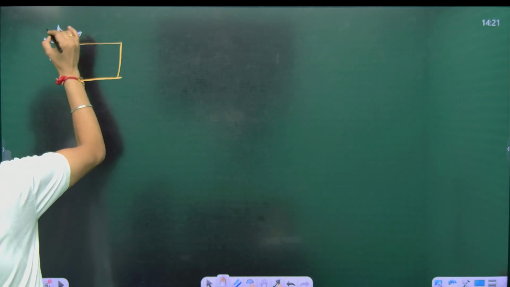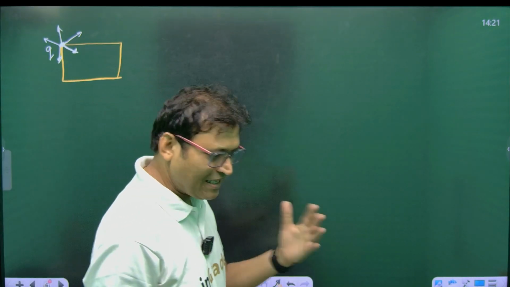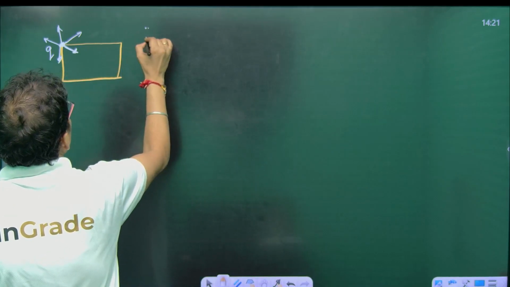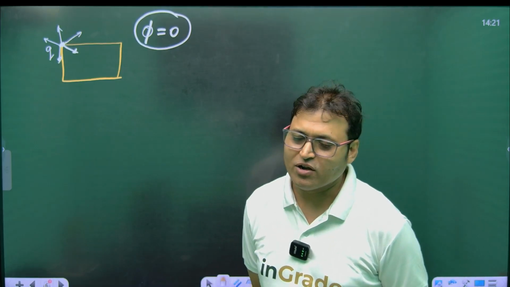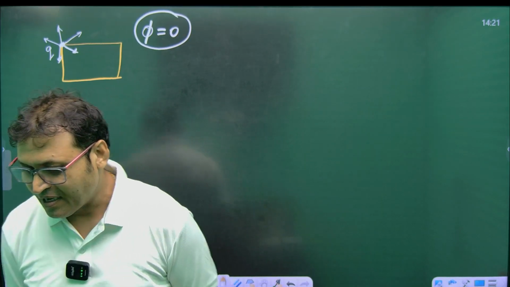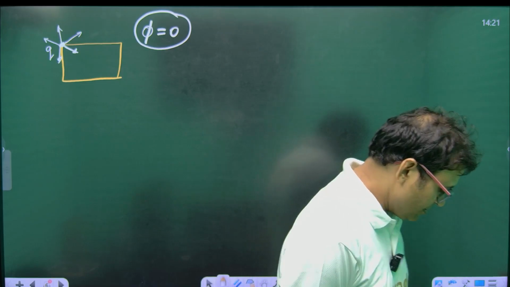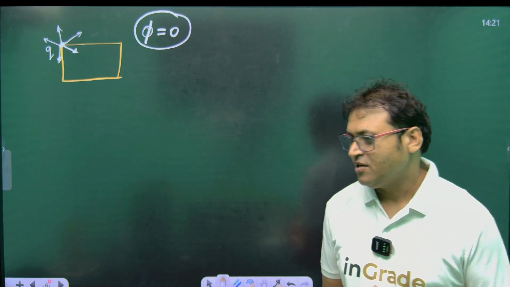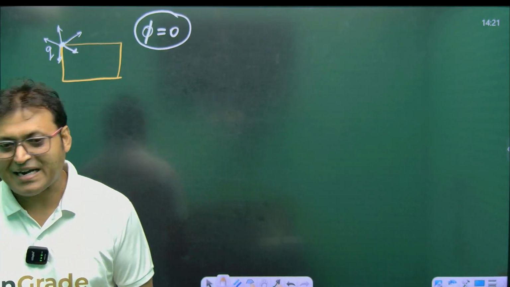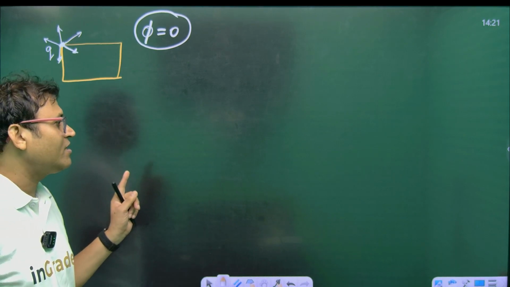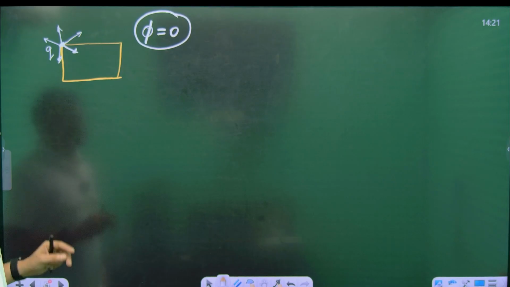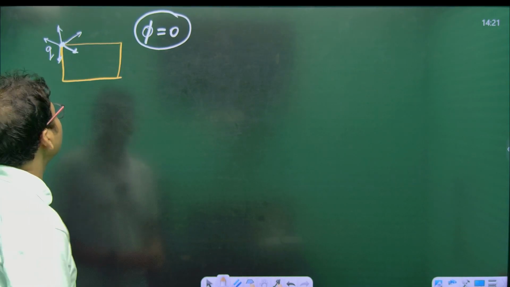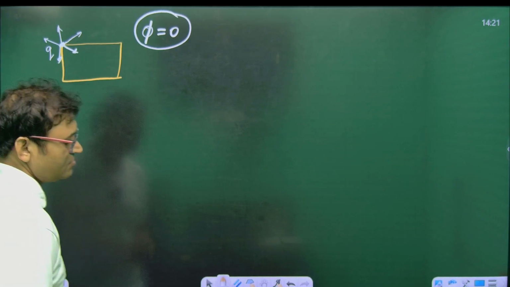So the electric field will become parallel to the surface, and phi will be equal to 0 because no electric field line will cross the surface. When the charge is kept on the flat surface, there is no flux in this case, right?